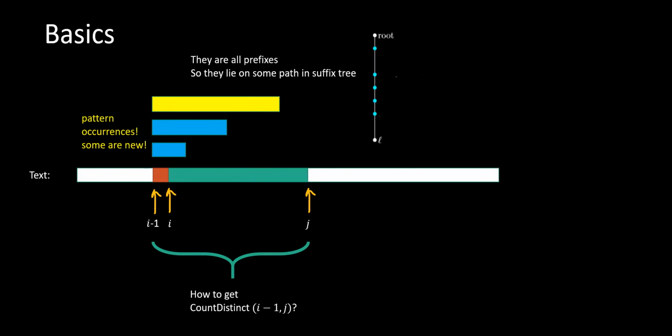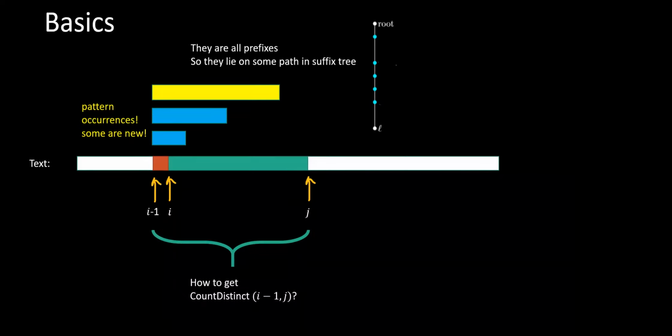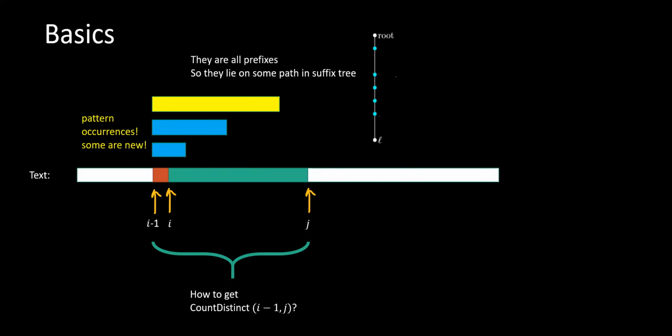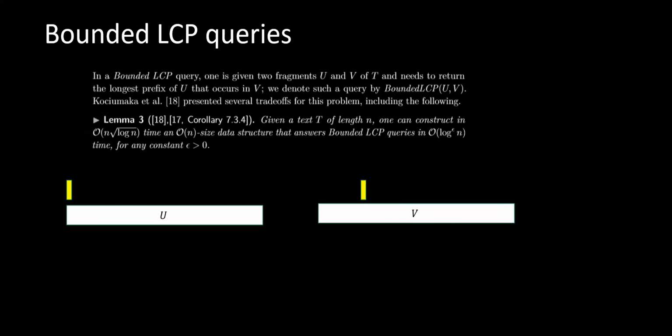So let us take advantage of the fact that all of them lie on the same path in the suffix tree. This is some kind of suffix tree path, and we have marked some nodes, which are words, which are patterns from the dictionary. And this is where bounded SCP queries will help us. Let us see how they look.